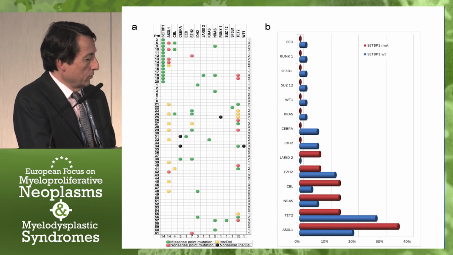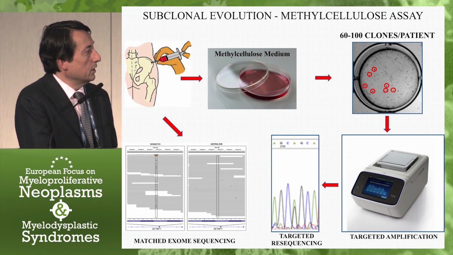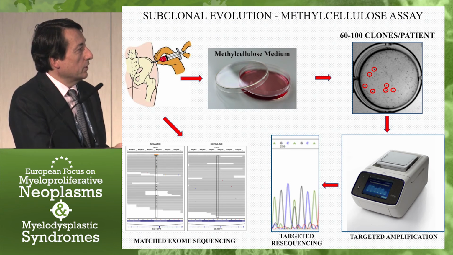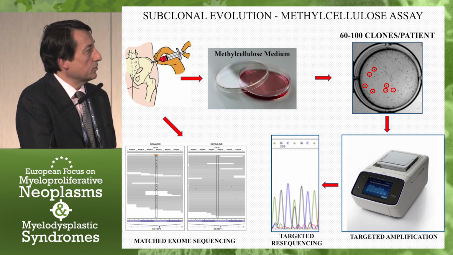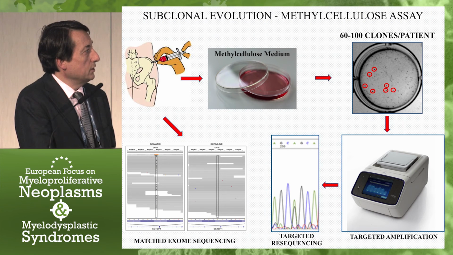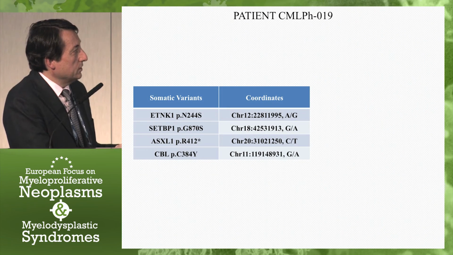So we resorted to clonal analysis of these patients, having both exome and RNA-seq on one side, and doing targeted resequencing of growing colonies. In this way, we can reconstruct the clonal architecture of this patient, and we definitely find a huge heterogeneity in this patient. So, for example, in this case, we had these 4 mutations.